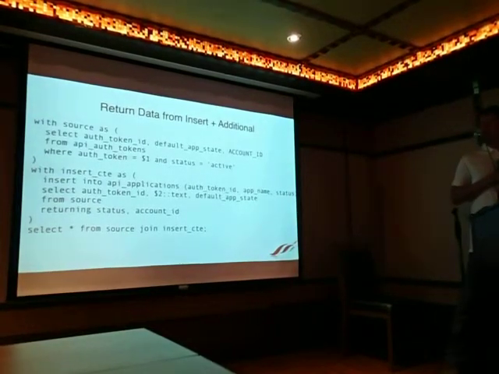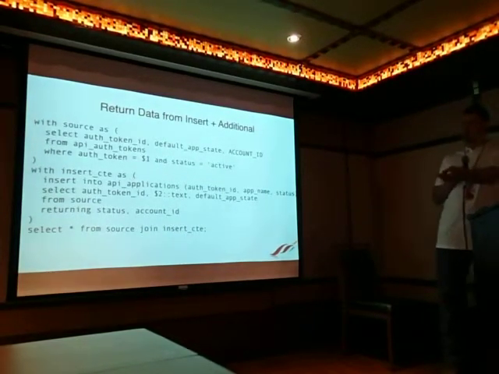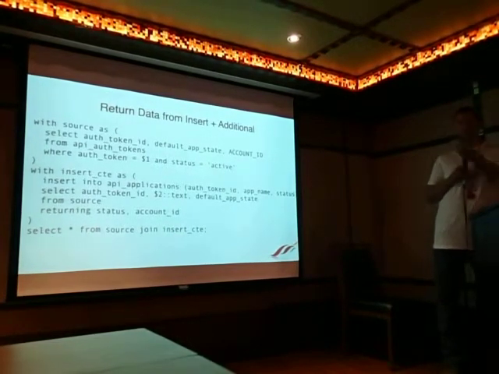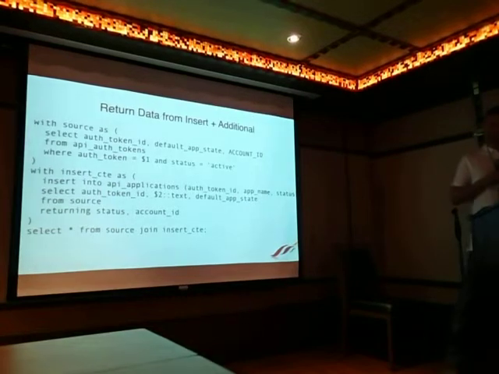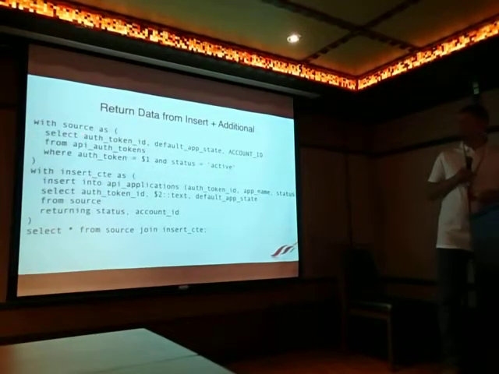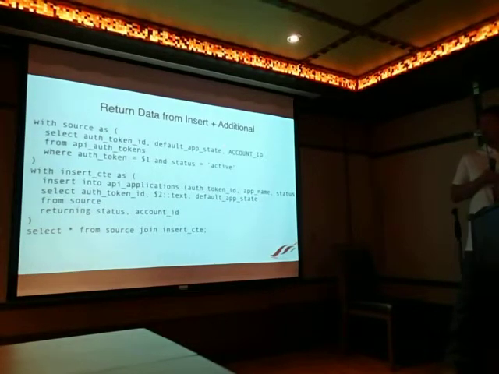They wanted to pull some data from one table, use that to insert into another table, but return all the data from what they just inserted, along with some of the data from the other table. And CTEs can do that. So here, with our source table, we're going to pull some data from an API auth token example.